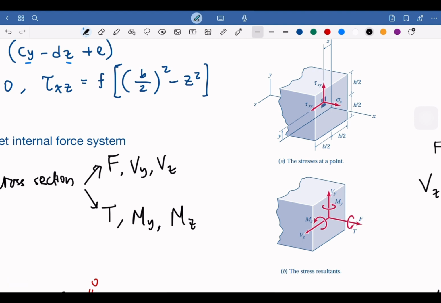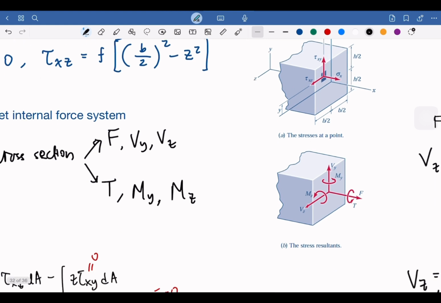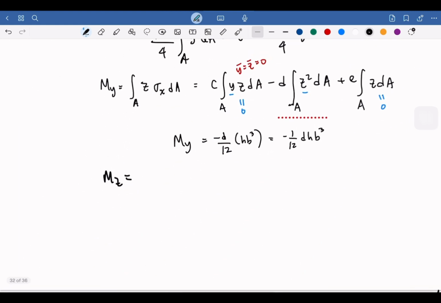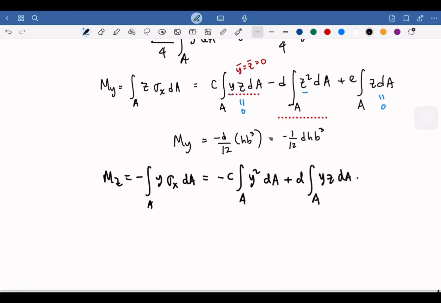So sigma x multiplied with y is over there, should be going up, so it should be negative. So let me write here, this will be negative c y squared dA plus d y z dA, and then minus e y dA.